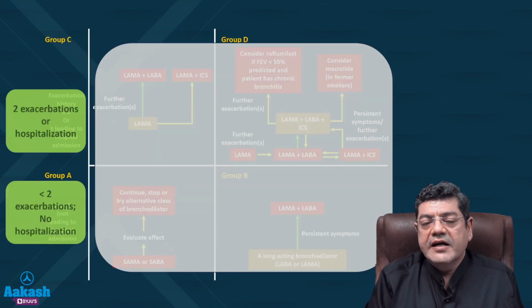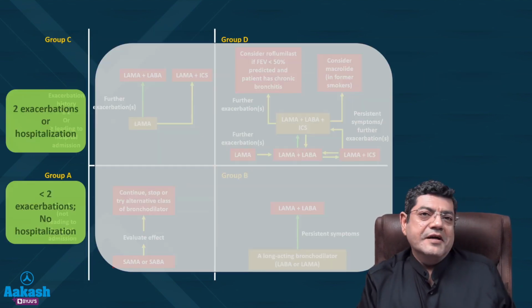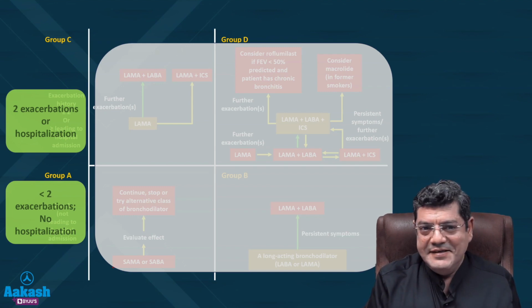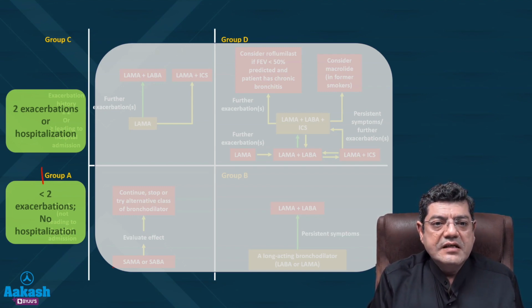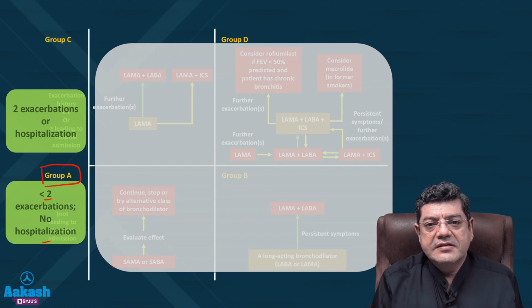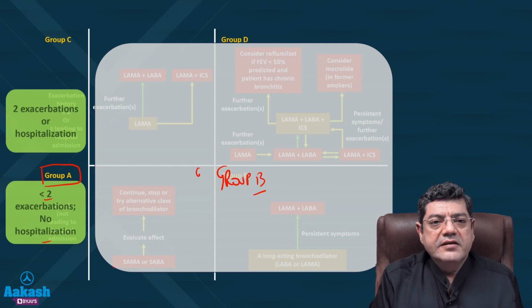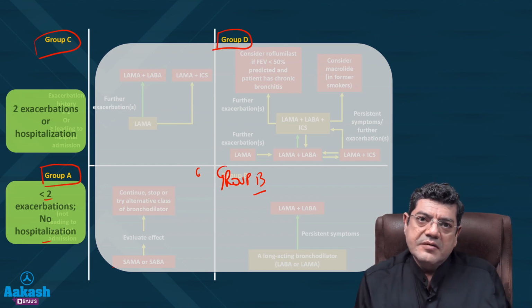Now let's go back to that daunting looking graphic, right? So it's divided into 2. So the low risk patients are group A, again less than 2 exacerbations, no hospitalization, and group B, right? The high risk patients, either 2 exacerbations or more, or even a single hospitalization, are group C and group D. How are they further subdivided?